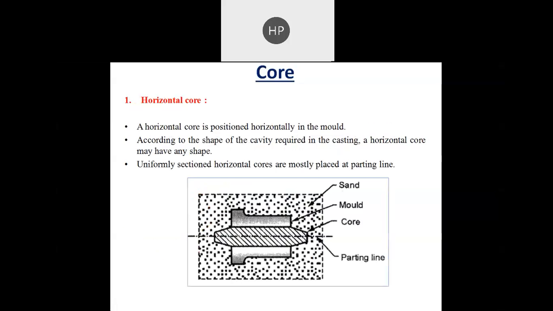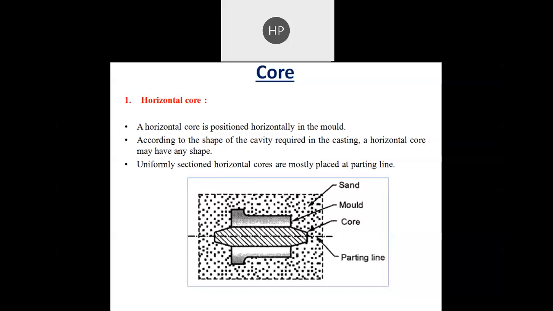First, the horizontal core. This is the mold, a hollow cavity all around filled by sand. Now if we put the core in such a way that its axis lies in the horizontal direction, it is termed a horizontal core.